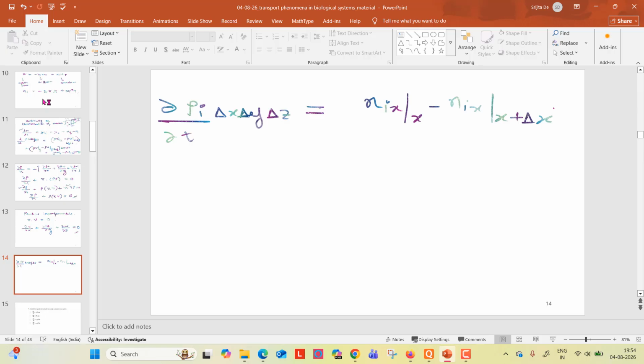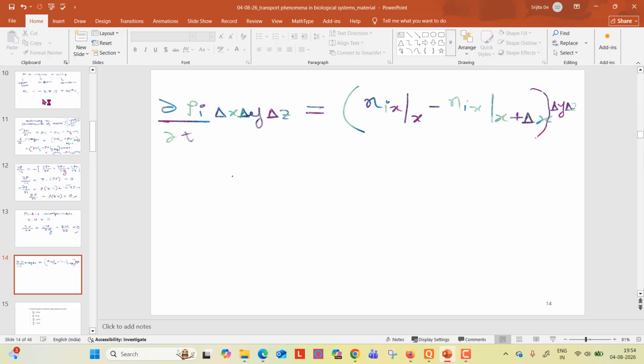But as we are changing those things to a mass transfer problem, we have to define everything with respect to flux, right? So it will be what? It is from the x direction, so it will be multiplied with delta y, delta z, right?